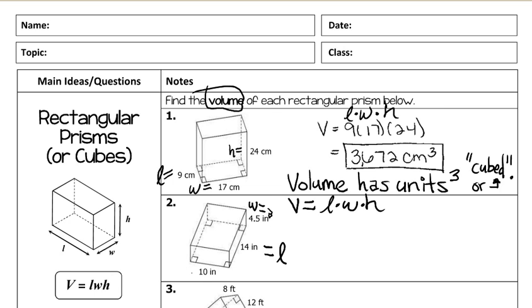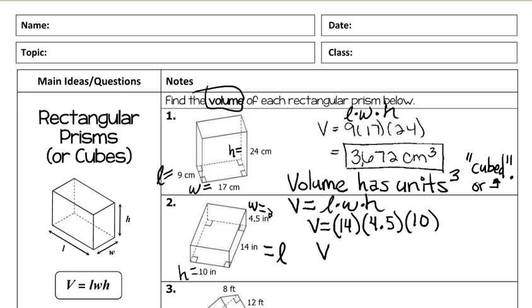And we just plug and chug, right? So length times width times height. Now trying to keep the order here. So 14 times 4.5 times 10. Now really quick, you can see 10 times 4.5 is going to be 45. Now 45 times 14, that's a big number.